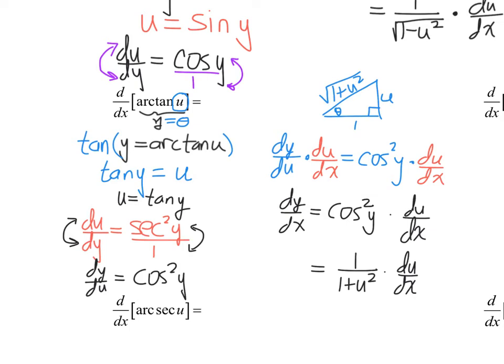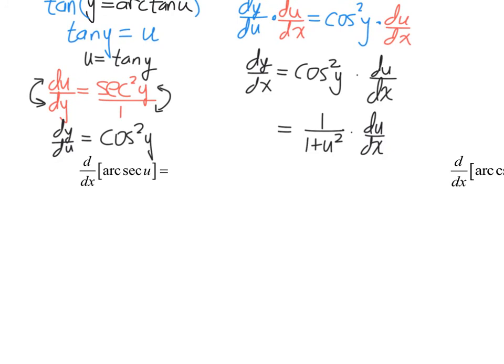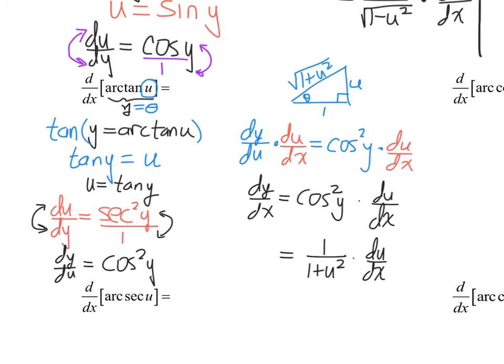You would need the tangent of something. The other method is still going to rely on some of this stuff. I don't know if it works, but come back to it. If we say y equals arctan u, then couldn't in the last step we just plug in arctan u?